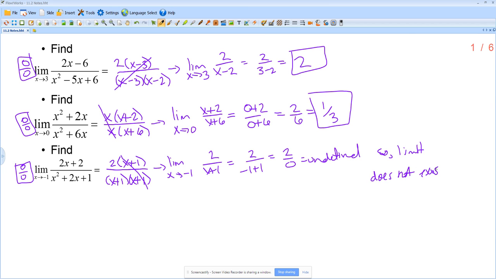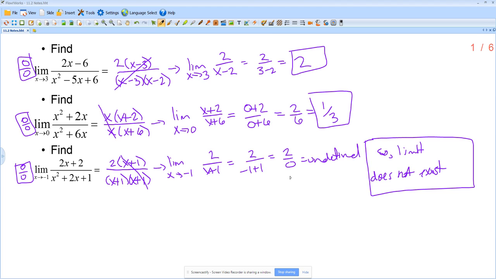So this is a case where I got 0 over 0. I was able to reduce something out, but it is still a limit that does not exist. And if you look at this graphically, what this looks like is at -1, there's not actually a hole like there was in these cases. There's a vertical asymptote.